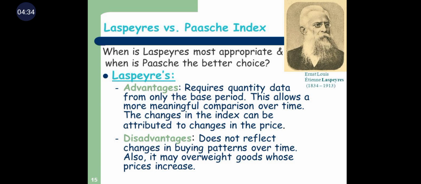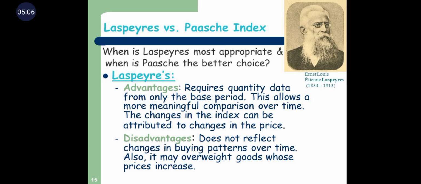Laspeyres versus Paasche: when is Laspeyres most appropriate and when is Paasche the better choice? The advantages of Laspeyres: it requires quantity data from only the base period, and it makes a more meaningful comparison over time.